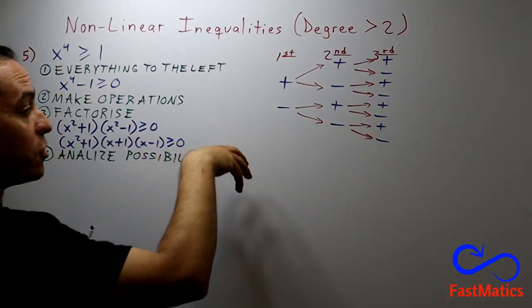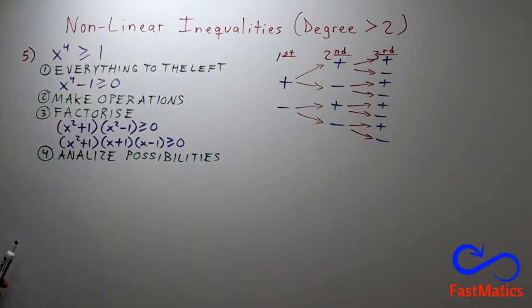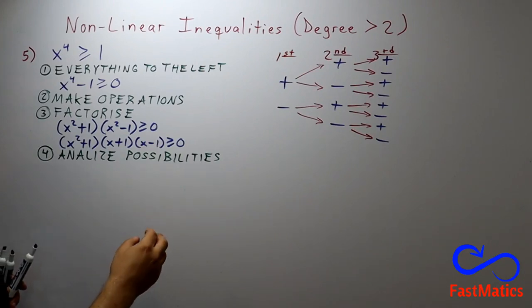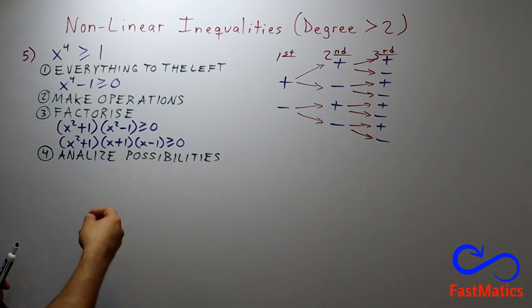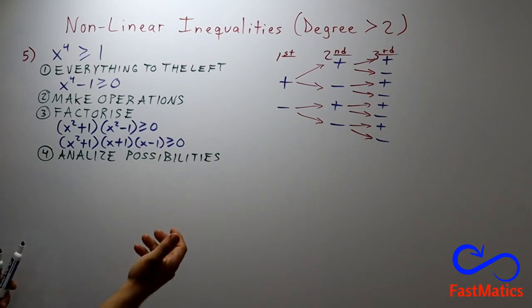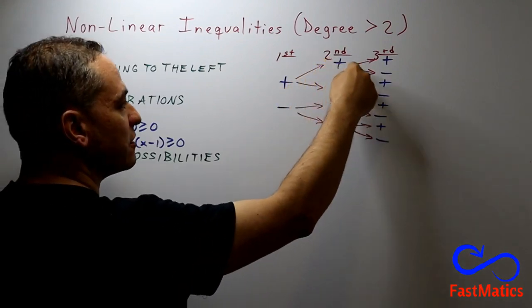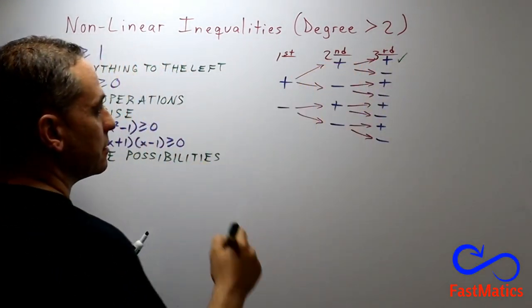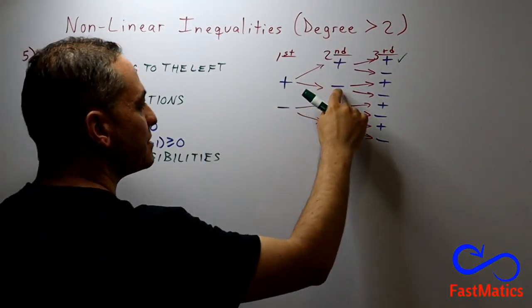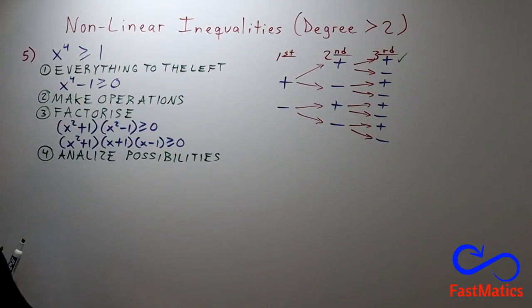But not all the options are good, because I need an answer that after the multiplication will give me a positive sign. So positive times positive is positive. Okay, that's good. Positive times negative times positive is not positive.